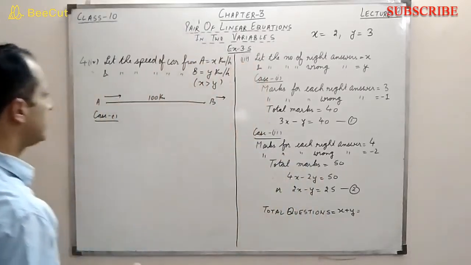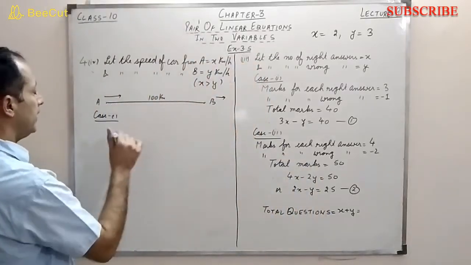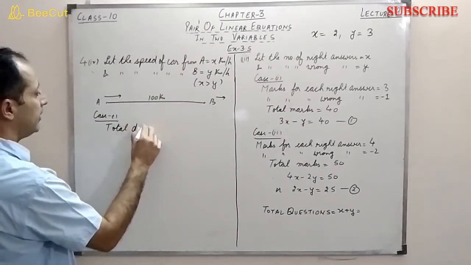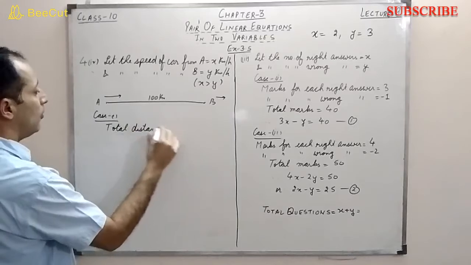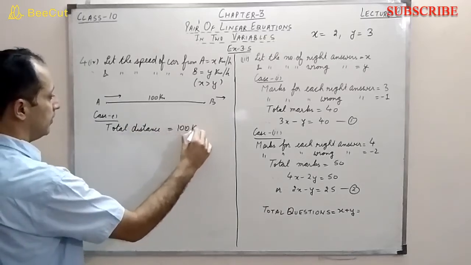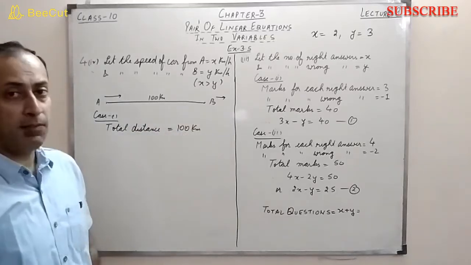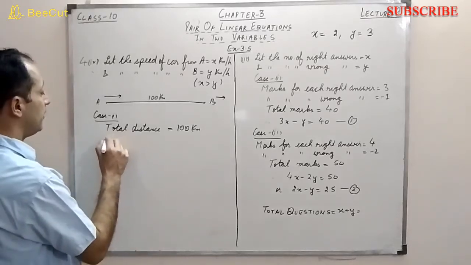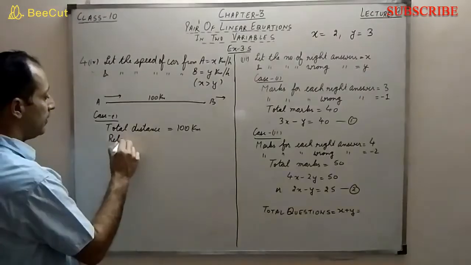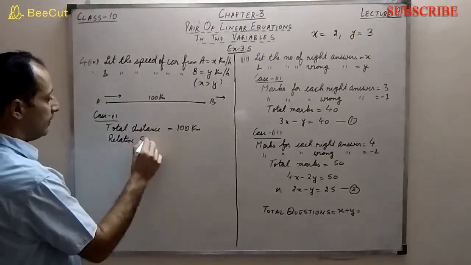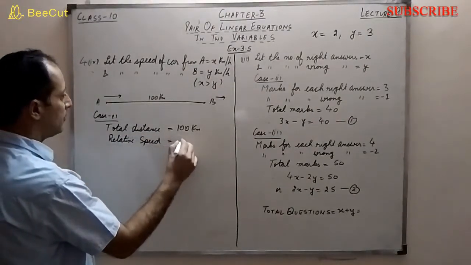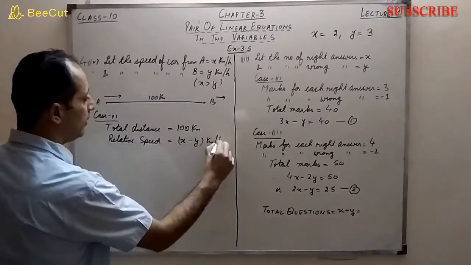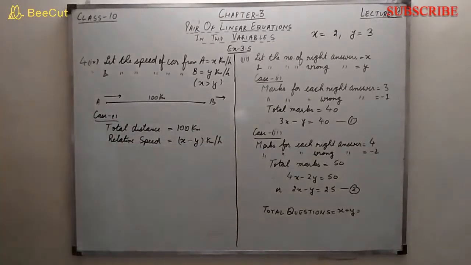The total distance between them which they have to overcome is 100 kilometers. When the objects are moving in the same direction, the relative speed is the difference of the speeds of the two objects. So relative speed is equal to x minus y kilometers per hour.